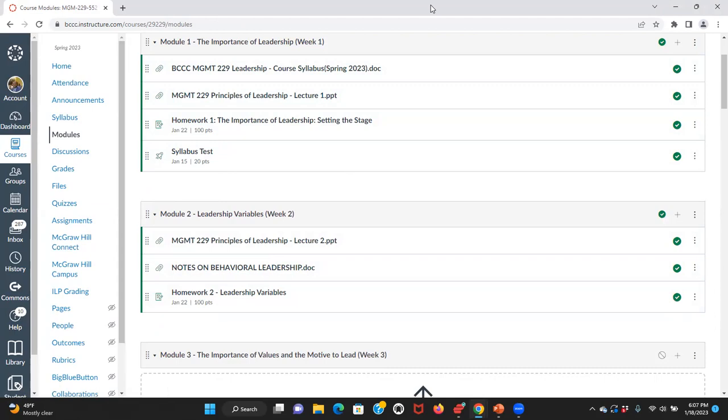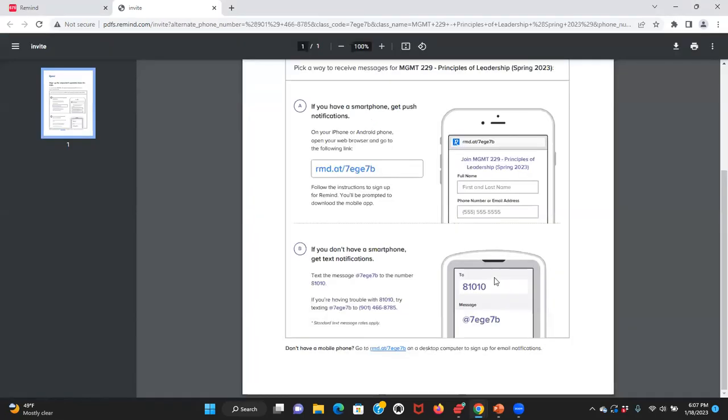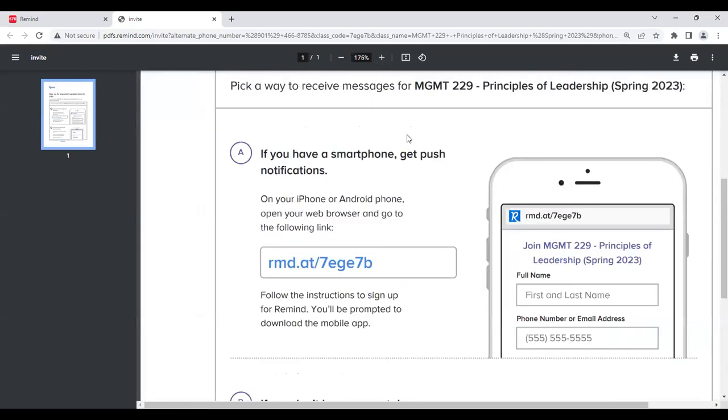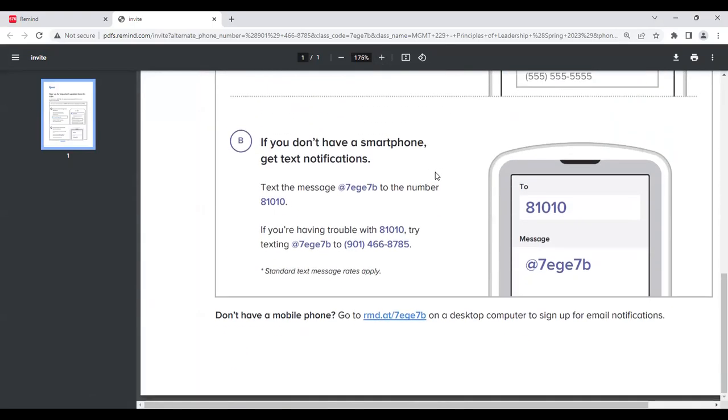Now, to make our communication quicker, so that when I send a message it comes to you directly on your cell phone, I want to show you what to do. You see this PDF. Let me make it larger a little bit. This is the message right here.